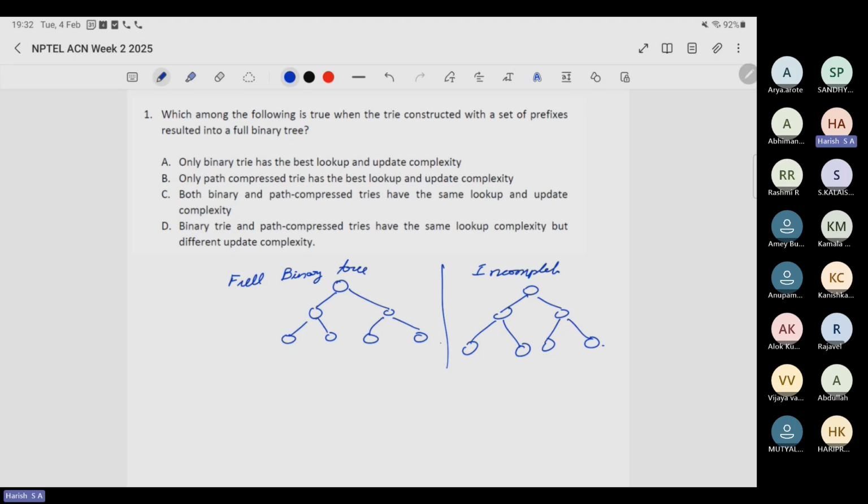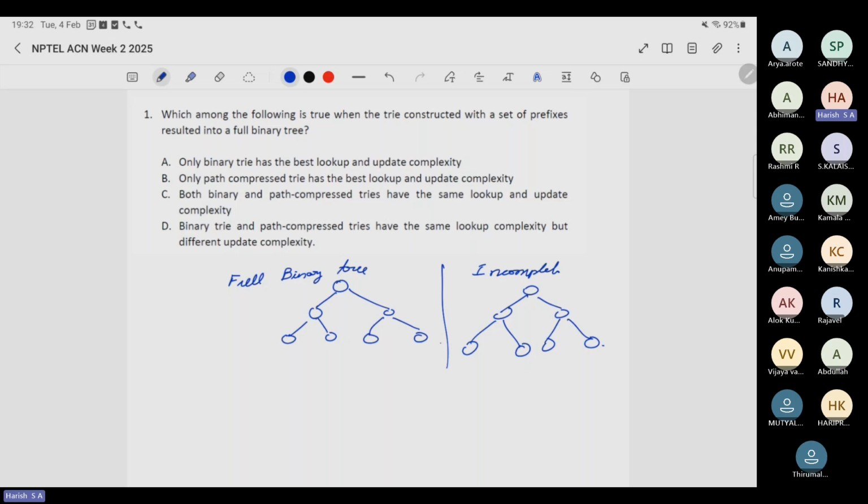the only time when the trie is constructed with a set of prefixes which will result in a full binary tree, this will also translate to the fact that a path compressed tree will also have similar characteristics.